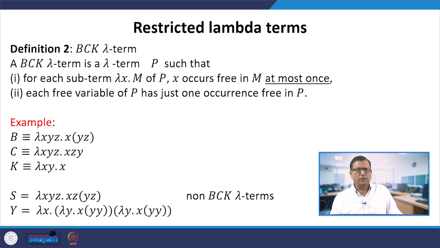Now we move on to the second class of restricted lambda terms, called BCK lambda terms. B, C and K are all combinators coming from combinatory logic.